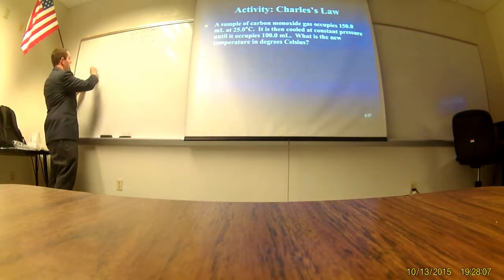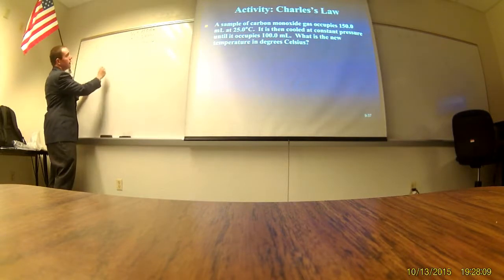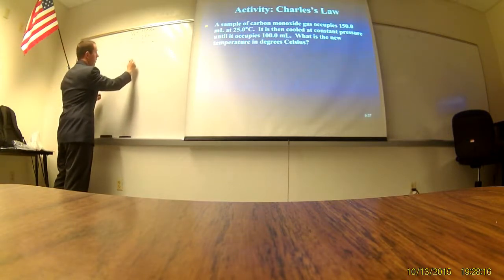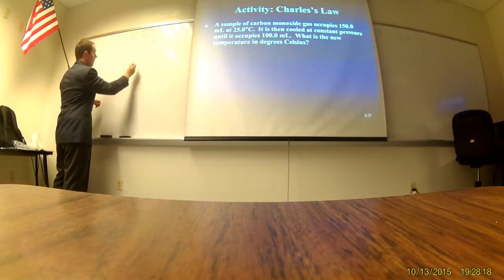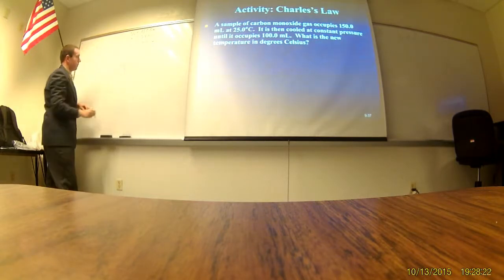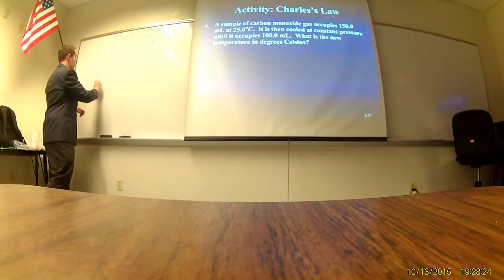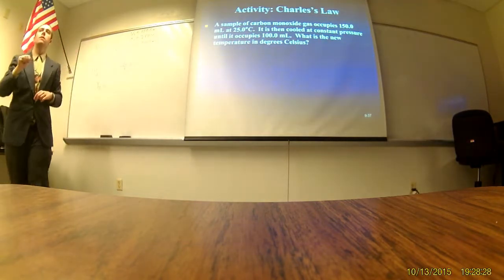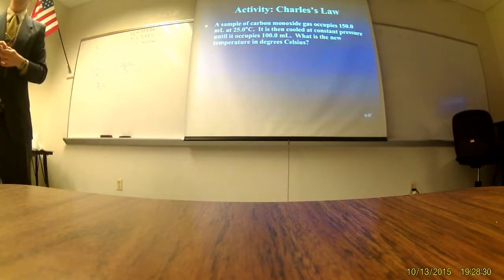So now we can plug it in. We have 150.0 divided by 298.15 equals 100.0 divided by T2. And T2 equals what? It doesn't matter if we use milliliters or liters, right?